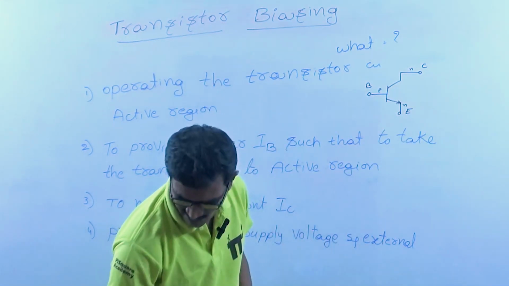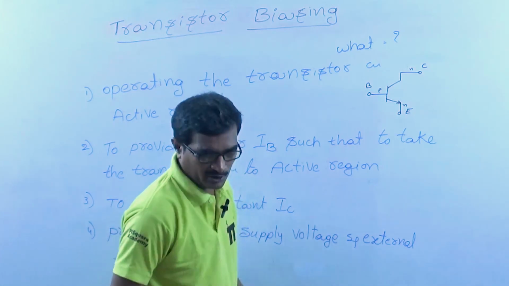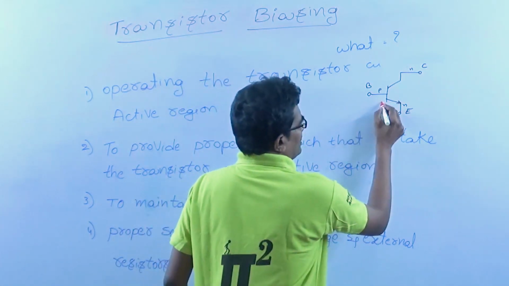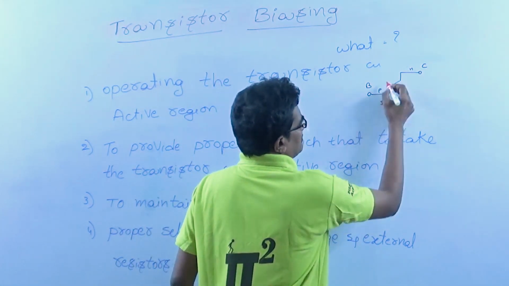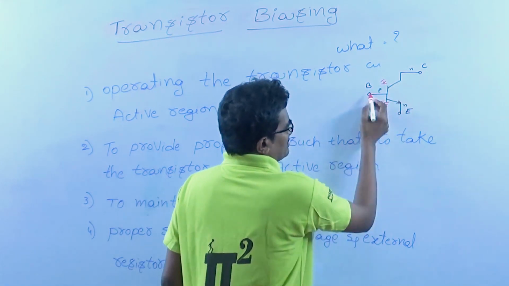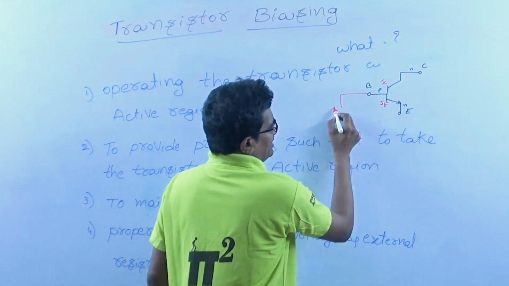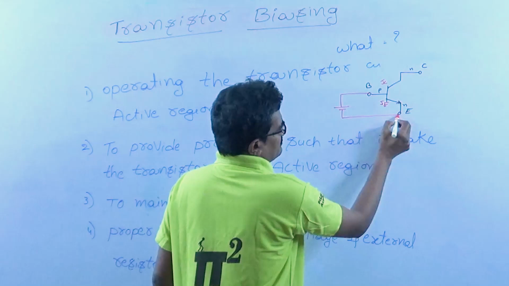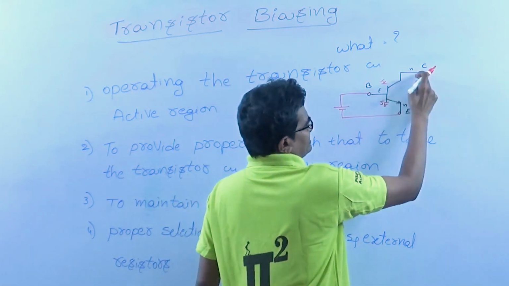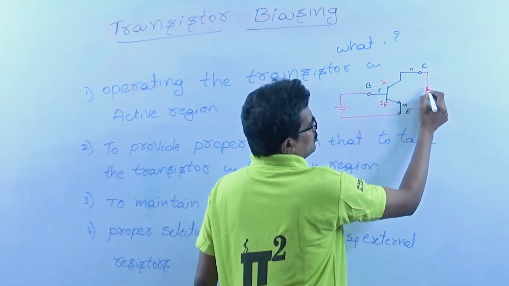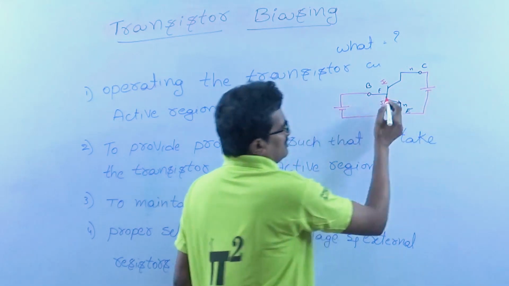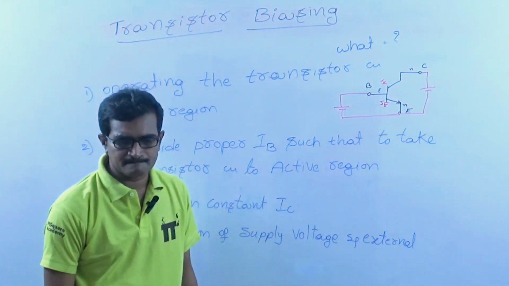By default I am taking a common emitter configuration. The emitter junction should be forward biased and the collector junction reverse biased. To forward bias, P is connected to positive and N to negative. For reverse bias, N should be connected to positive. Now the transistor is in the active region.